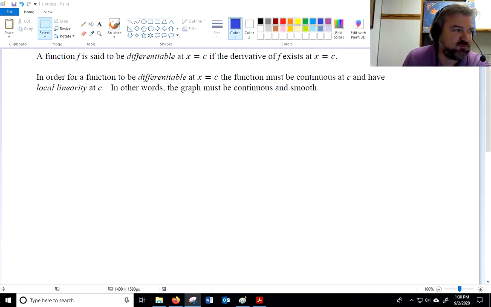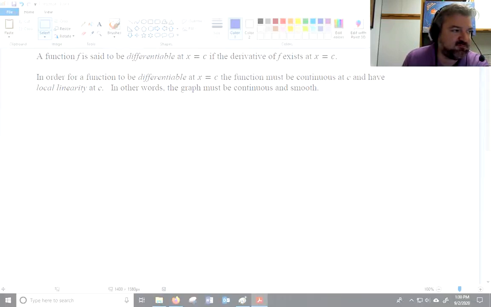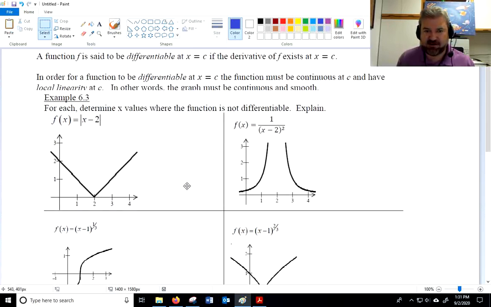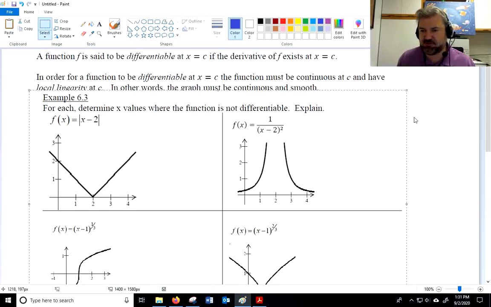So I want to point out kind of the old rectangle square relationship. You know what I mean by rectangle square relationship, because we got one here. What this is saying is that every function that is differentiable at c must be continuous at c, because that was a requirement.